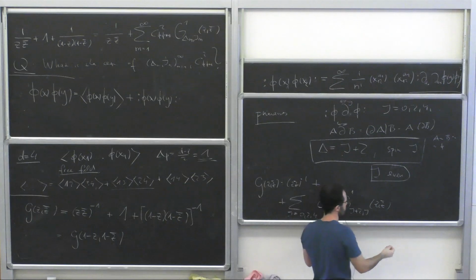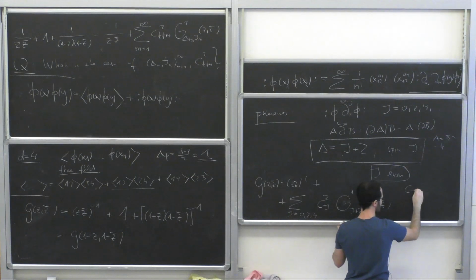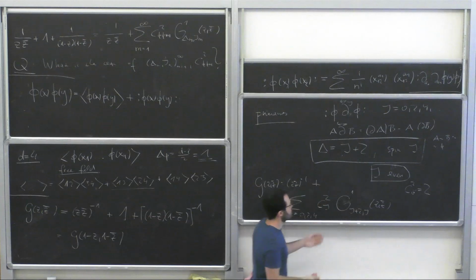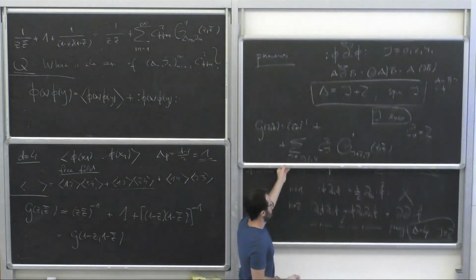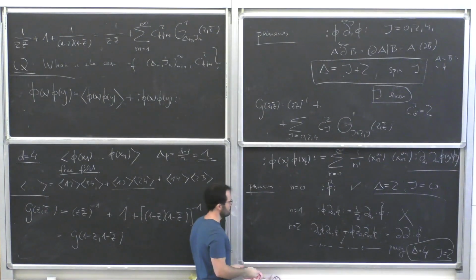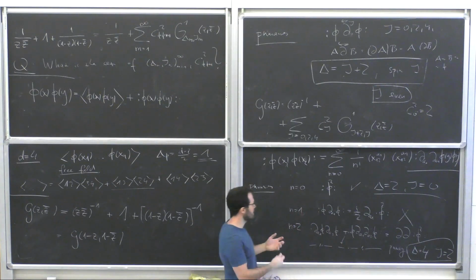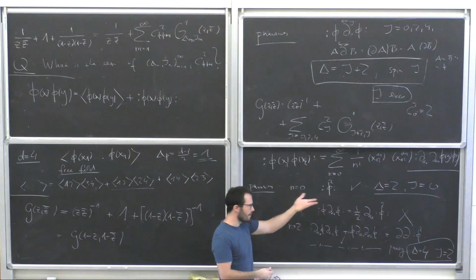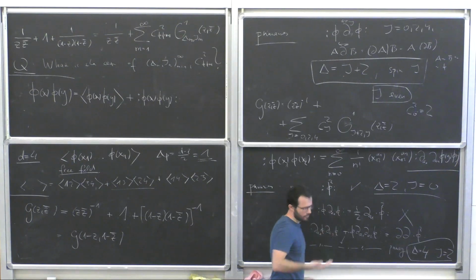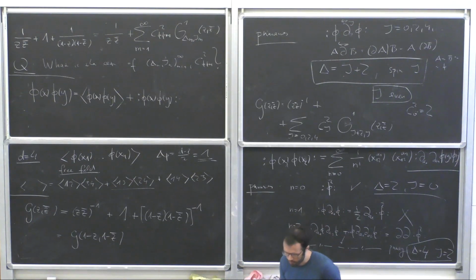And what we have learned so far is that c0 squared is 2. It's something we could have in principle done by actual calculation, by taking this primary, normalizing it, computing the 3-point function and squaring it. But here we get it with very little work just by decomposing the 4-point function into conformal blocks. But now we can keep going.